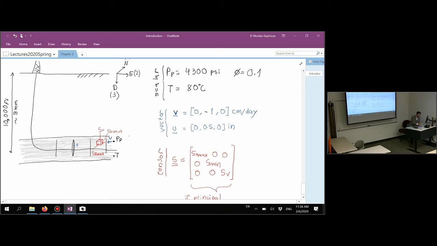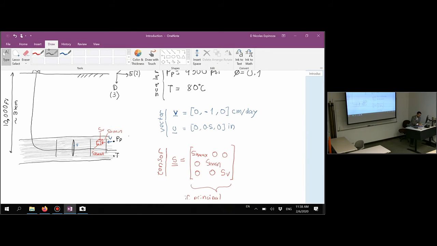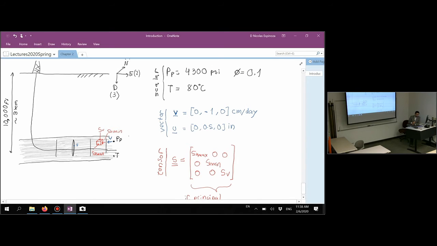Okay, so let me say one more thing about this. We said that this depends a lot on the coordinate system, right? So what about if I don't like that coordinate system and I want to use another coordinate system? Like, for example, I want my coordinate system to have an origin somewhere over there and to be X, Y, Z. It's okay.